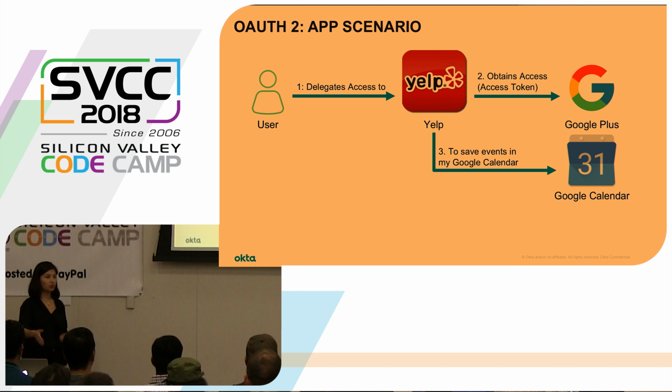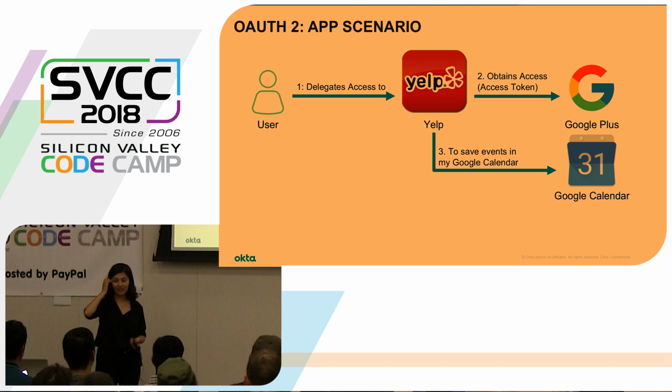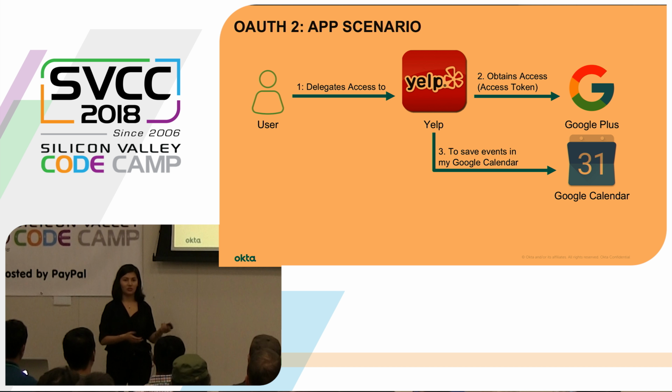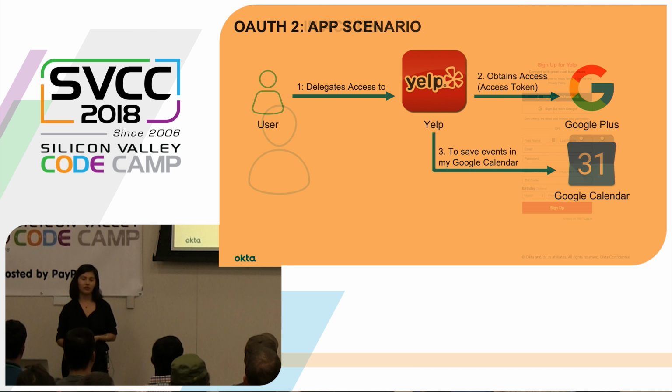So Yelp can go and book the time in my calendar. The cool thing is that if I don't want Yelp to read my calendar data and see what I've been doing, I can just grant write access. Yelp only has write access, not read access. Okay, so in a real world example, this is how it looks.